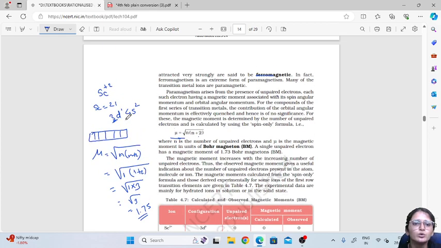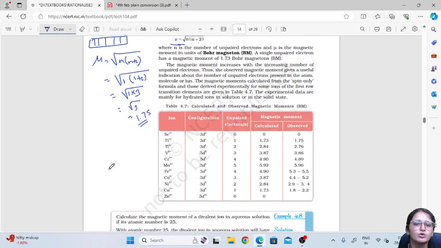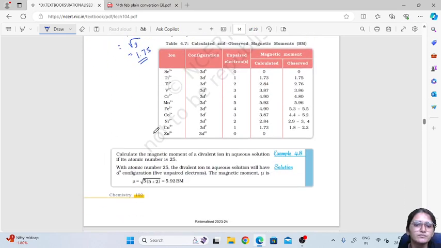Then if you have two unpaired electrons, let us take one more case here. Titanium plus 2, so Ti plus 2. Normally titanium has 3d2 4s2, this is the configuration. So when you remove two electrons from s, the configuration of Ti plus 2 is 3d2.